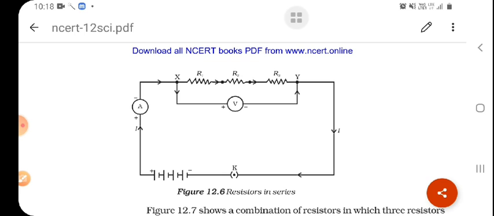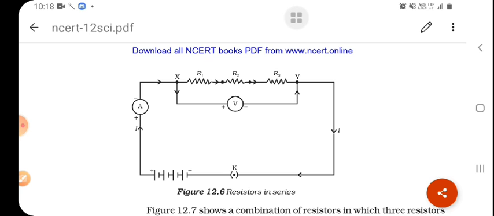So these resistances are connected in series between the points x and y, and here the same current flows through each resistor. The important point to note is that in a series combination, the current will be the same in each resistor.